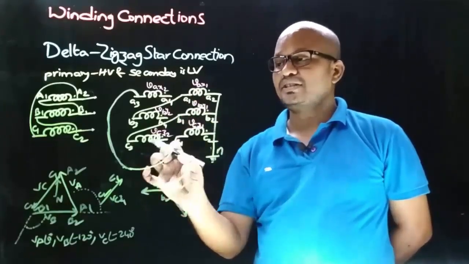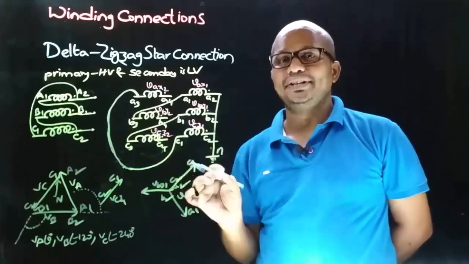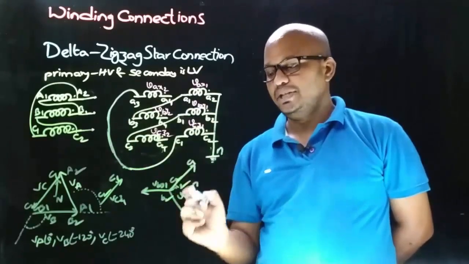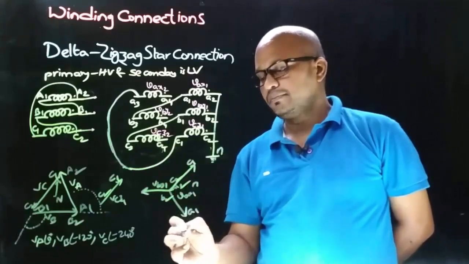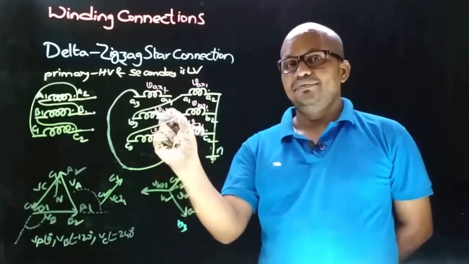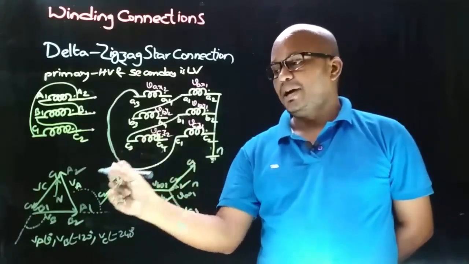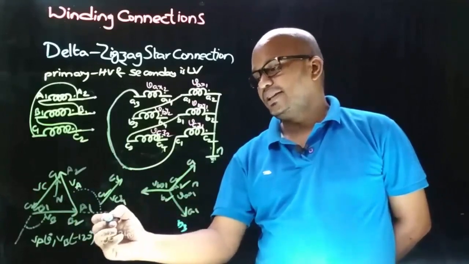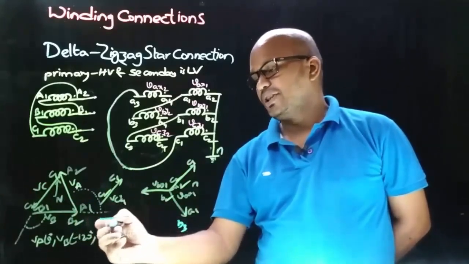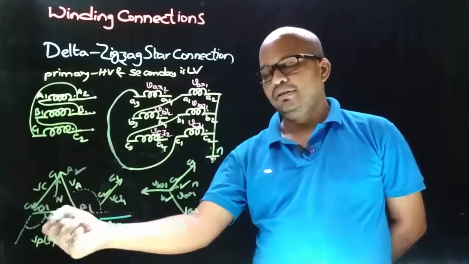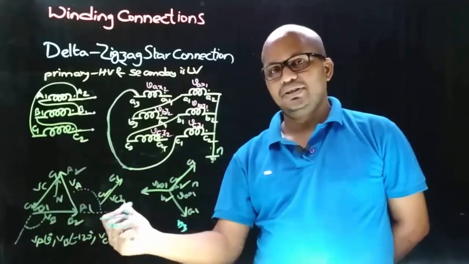Now let's draw the phasor diagram for this half portion of the LV winding. Observe that to A1 there is a B3 connection, means to A1 there must be B3. Therefore we need to draw the secondary side VB Y2 phasor parallel to the primary side VB phasor. So drawing the secondary side VB Y2 phasor parallel to the primary side VB phasor somewhere here like this.